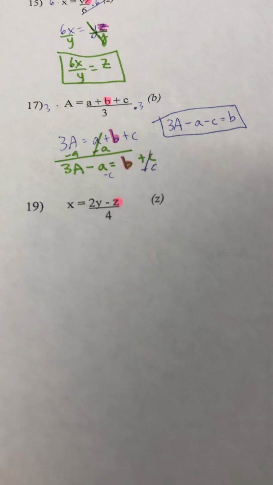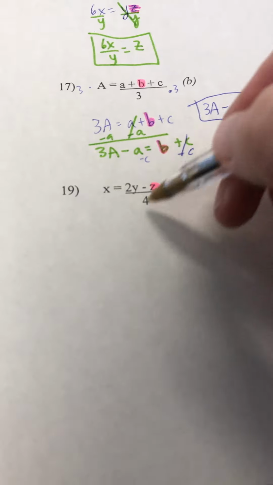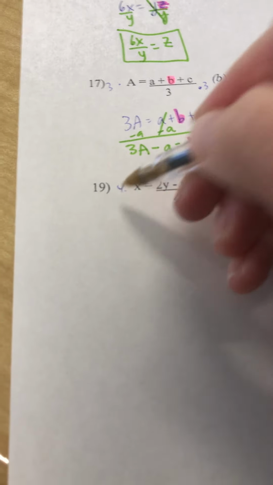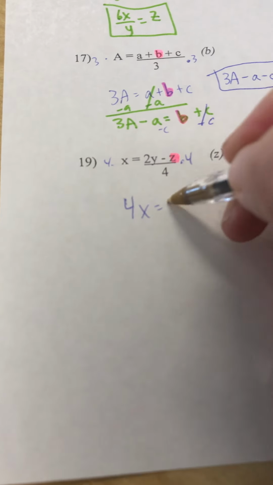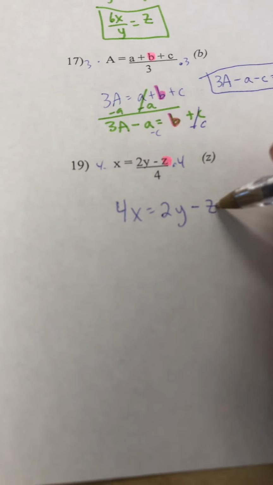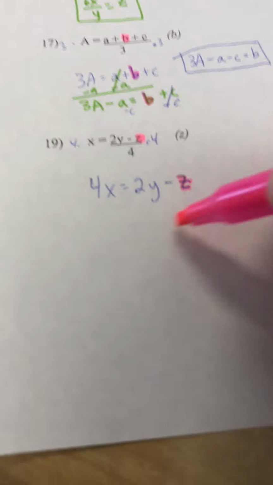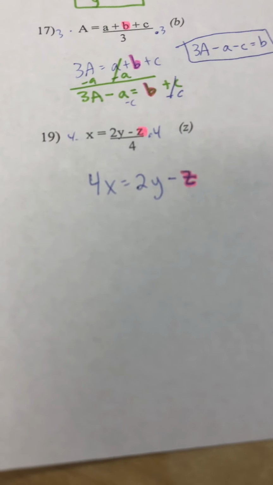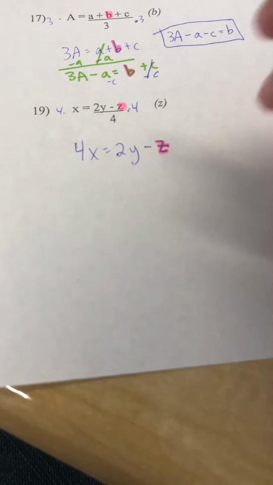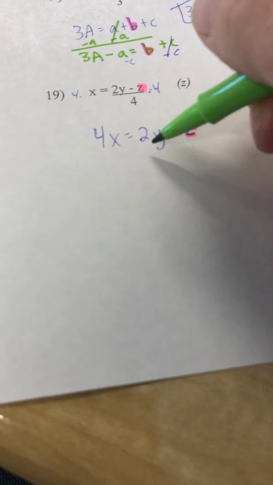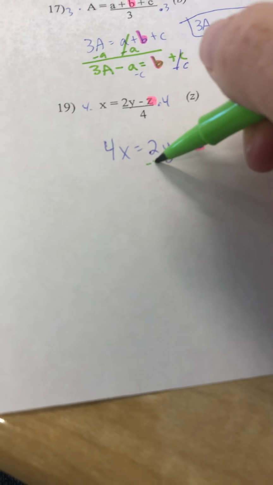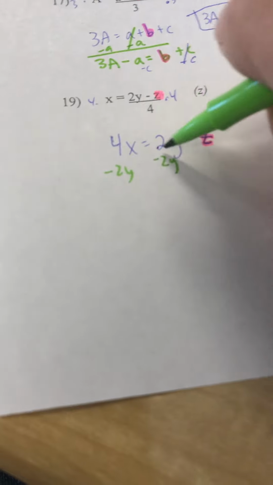All right, last one, number 19, we see divided by 4, so we're going to times by 4. So we've got 4x equals 2y minus z. My personal opinion is that you should add the z over, but golly, I don't know that that's going to make sense to everybody, so I'm just going to go with it. So right here, this is a positive 2y, we're going to subtract 2y.